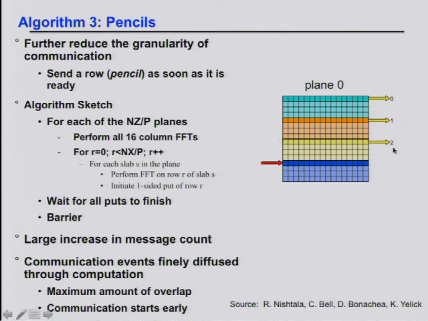And then I do the first yellow row, send that to processor 2, the first blue row, send it to processor 3. So now I have all these messages in flight to different parts of the network, and I just keep going, right? Just sort of cycle through it all. And so now I have all this other opportunity for overlap.